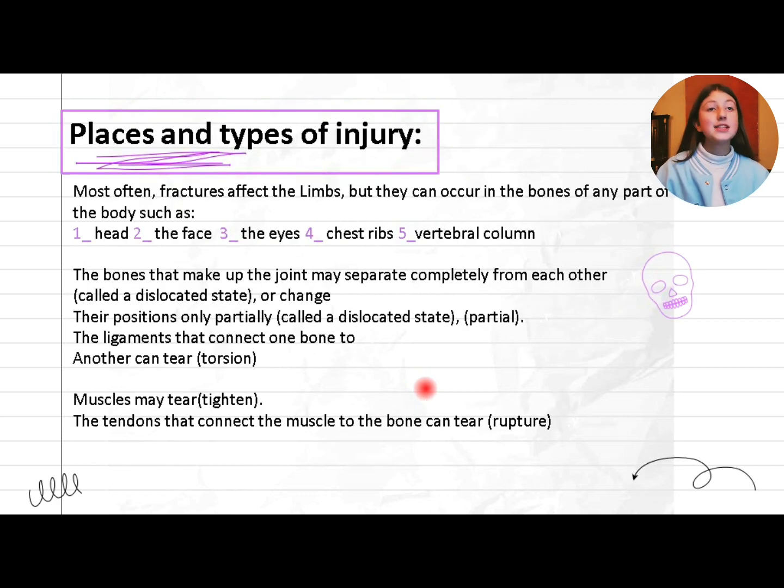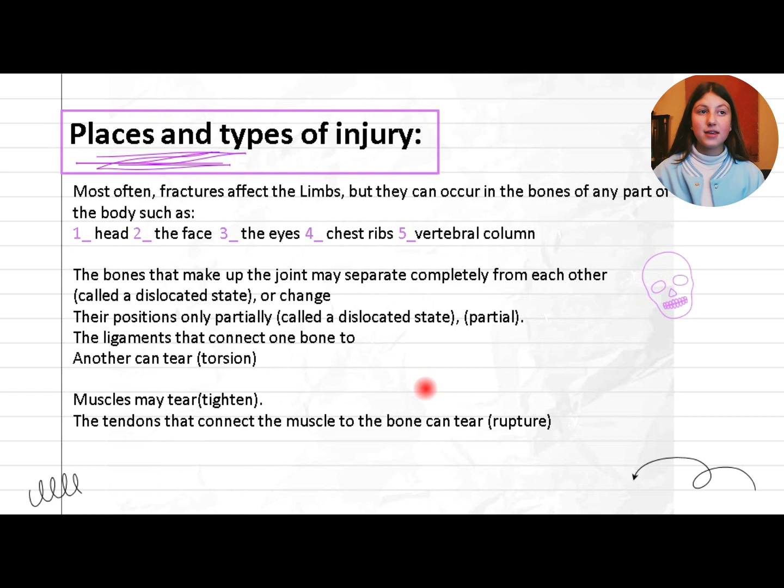Now, places and types of injury. The places. Most often fractures affect the limbs, but they can occur in the bone of any part of the body, such as the head, the face, the eyes, chest ribs, and vertebral column.